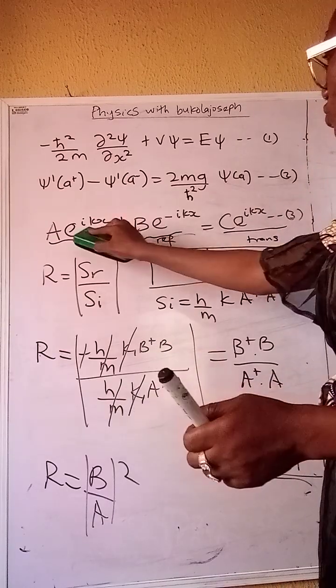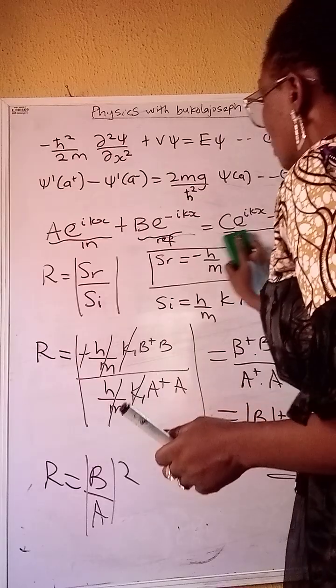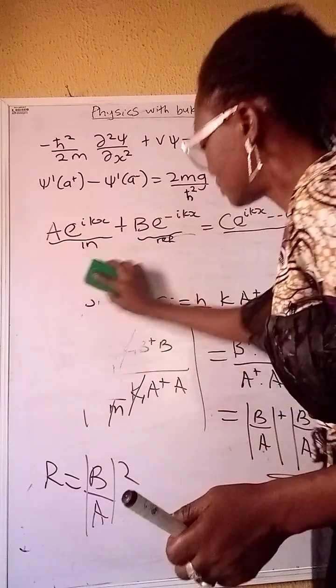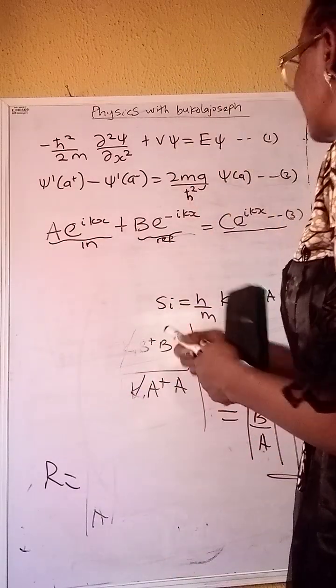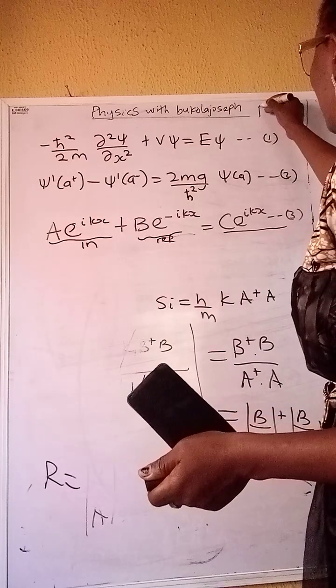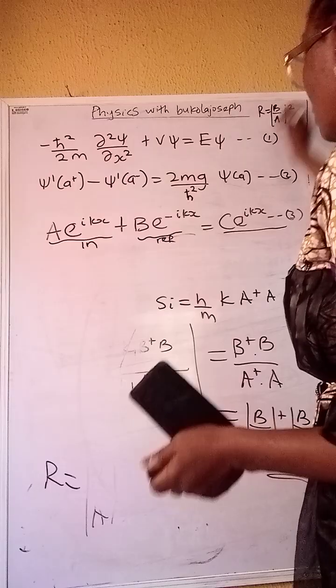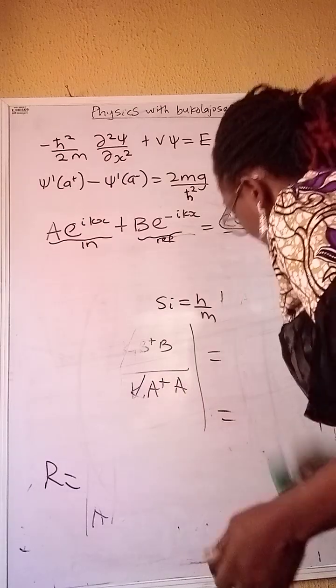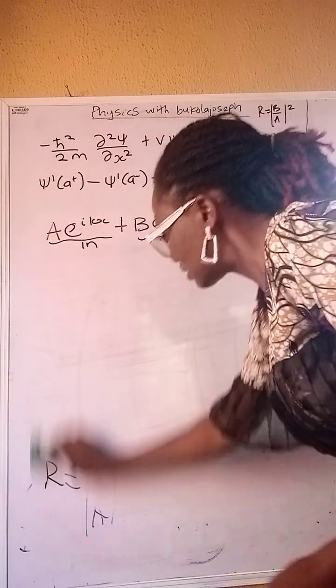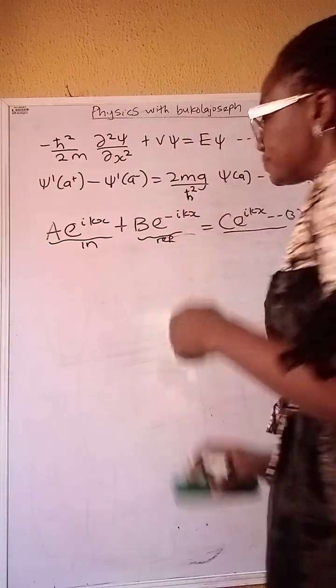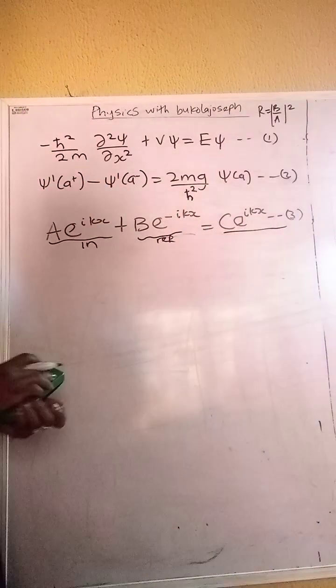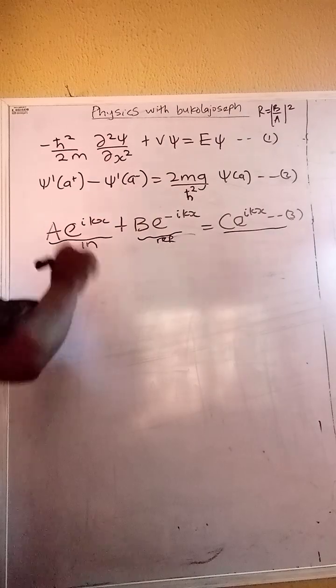Okay, I won't wipe this because we'll need this information. So we have this. I hope we will remember this formula: R is equal to B over A all squared. We'll be referring to it later. Okay, so we have this. Since we have this, we are going to be using this.